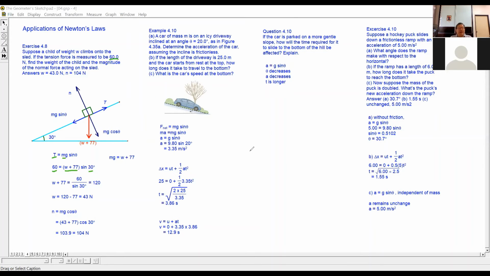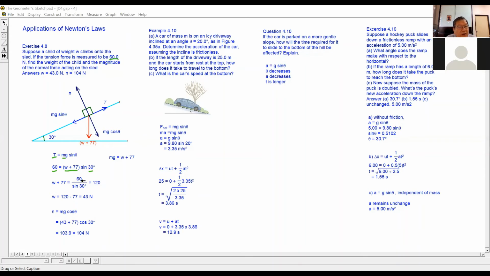What I'm doing is that I substitute everything that I know into the equation T equals mg sine theta. What is my aim? My aim is to find out what is W, the weight of the child. So W plus 77 times sine 30 is 60.